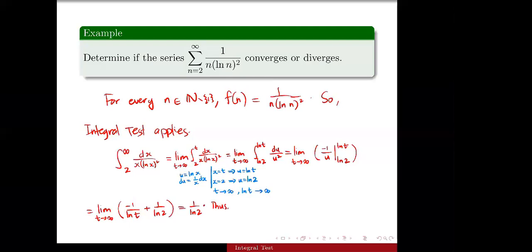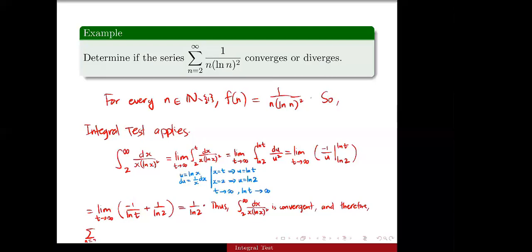Thus, the improper integral from 2 to plus infinity of dx over x times ln of x squared is convergent, and therefore the series is also convergent.